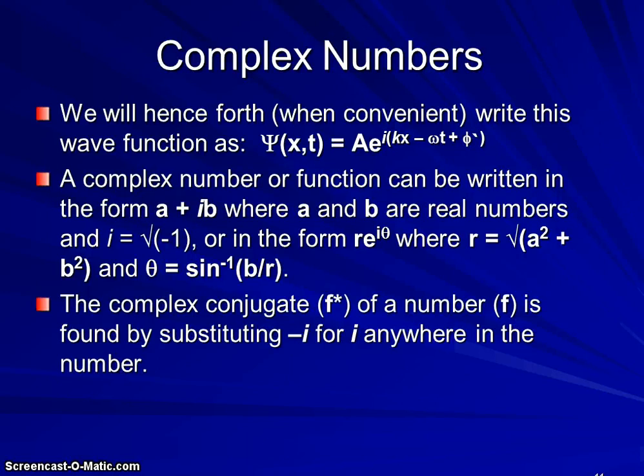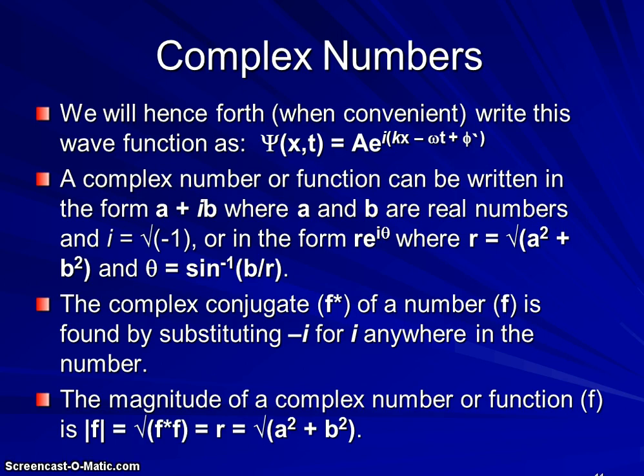The complex conjugate of a number is found by substituting -i for i anywhere in the number. And so whenever we're going to square a complex function, what we're saying is we're going to multiply that function by its complex conjugate. We'll call the square root of that the absolute value. And that's also equivalent to the r term that we just defined.